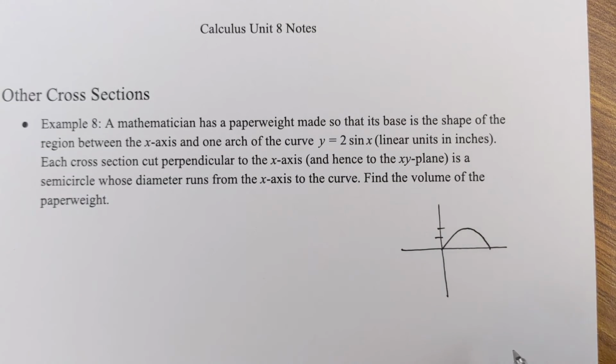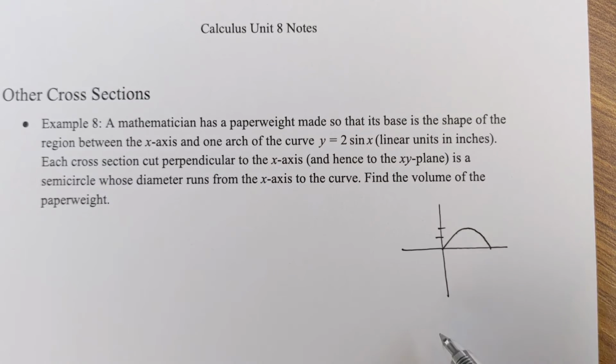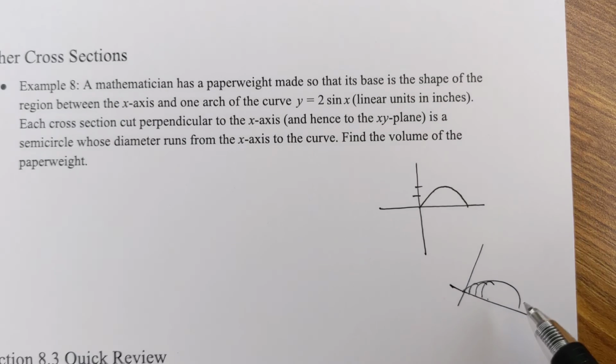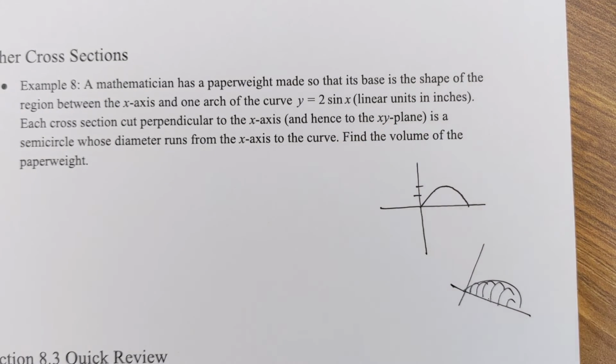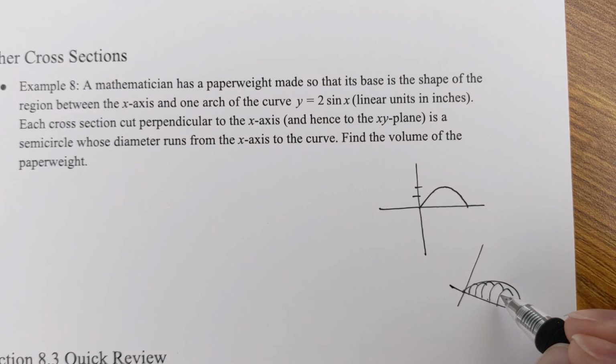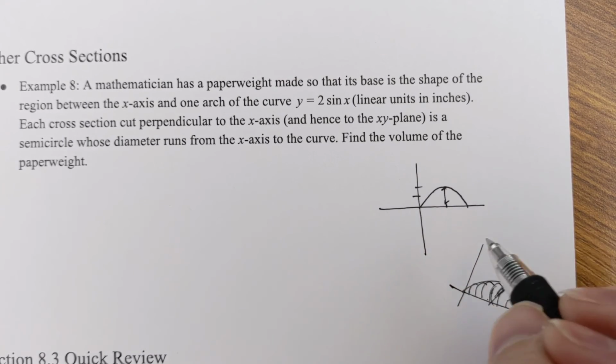All right, let's try to do this in 3 dimensions. So this is the base of the paperweight. If you think about it, if that's lying flat, it's coming up above. Each cross-section perpendicular is a semicircle. So from here to here, there are half circles whose radius is half this distance.